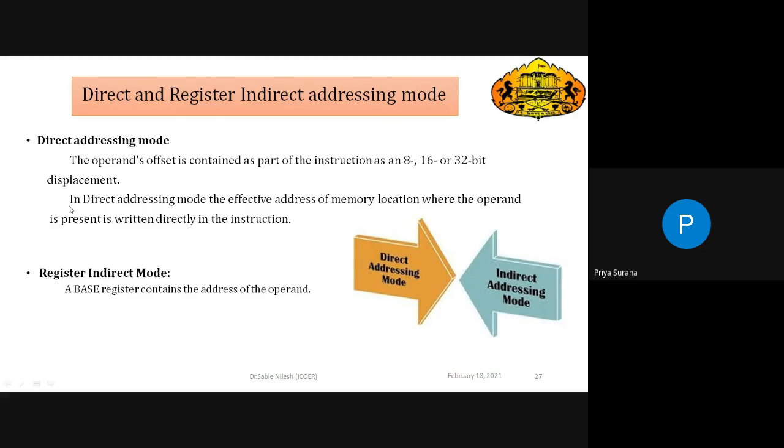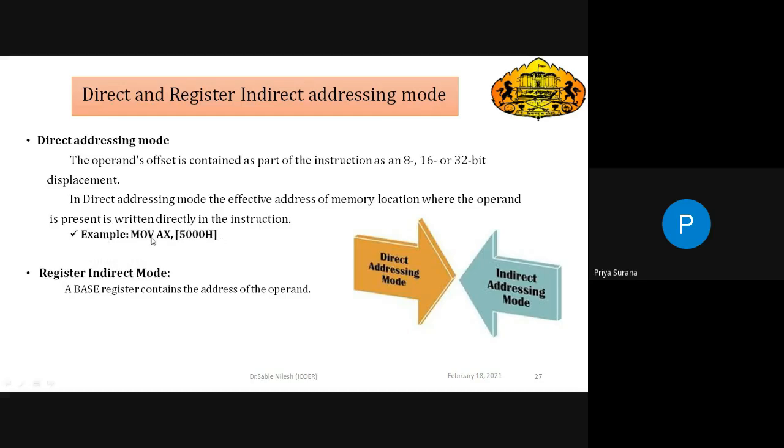We already discussed there are three types of addresses: linear address, effective address or offset address, and physical address. The effective address of the memory location where the operand is present is written directly in the instruction. We will go through examples so you can easily understand.